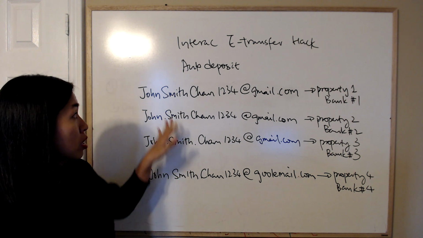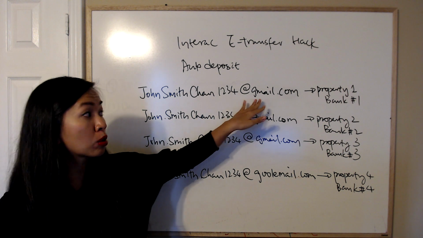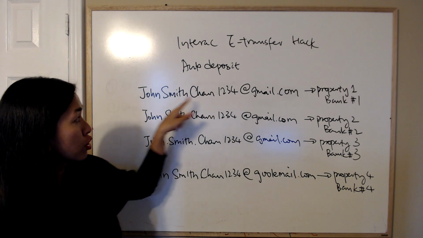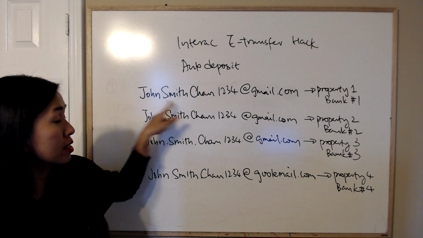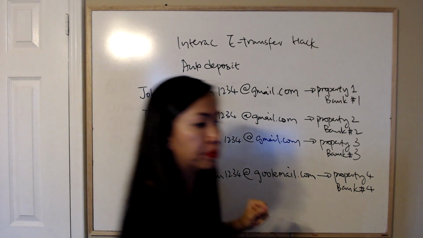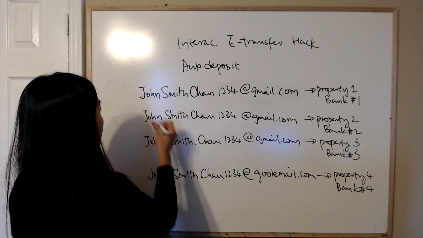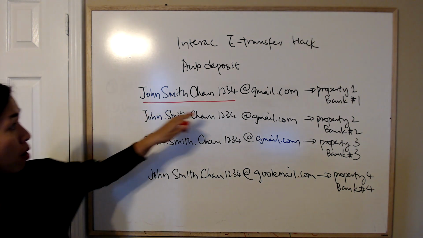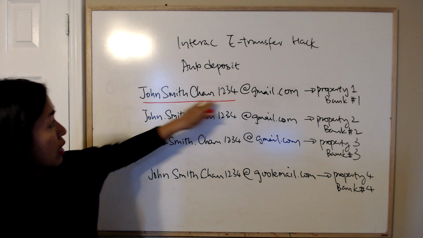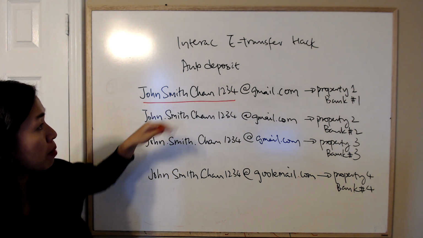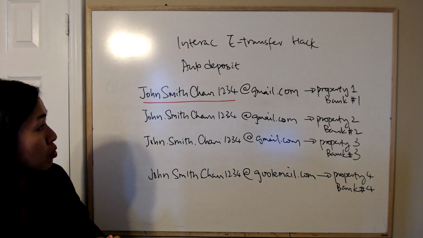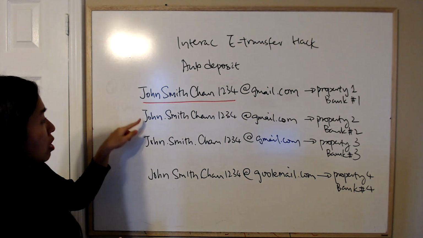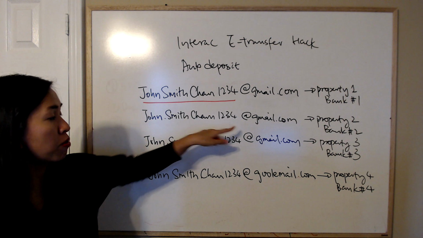It turns out Google Mail, Gmail, has a function: if you add a dot anywhere before the at sign, johnsmithchen1234 would still receive all the emails. So let's say john.smithchen1234.